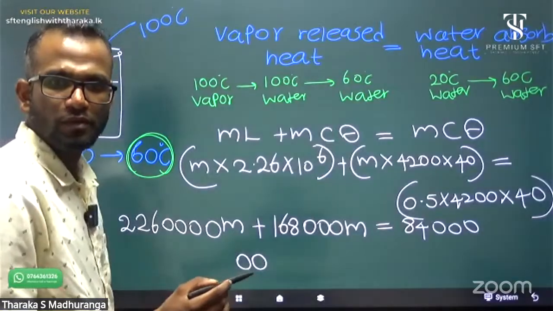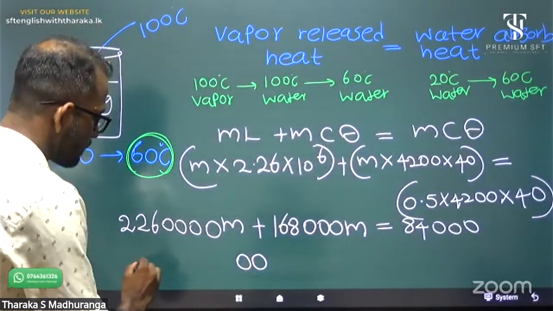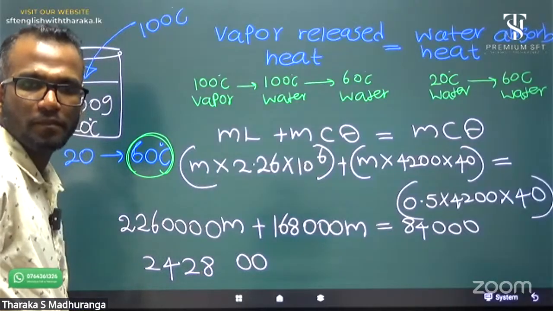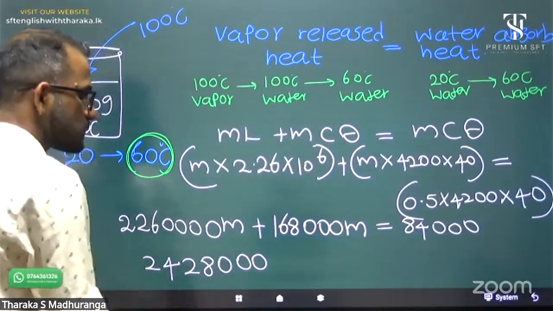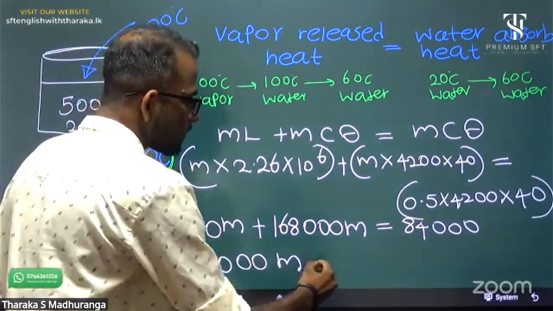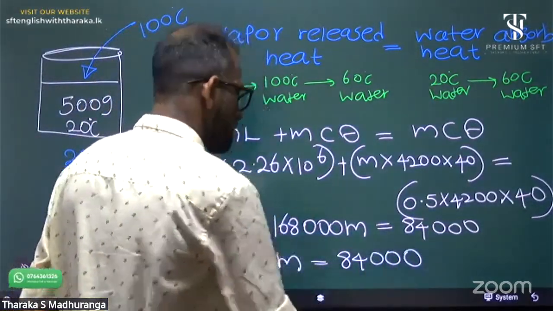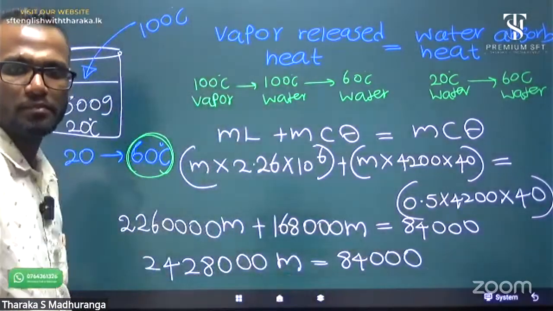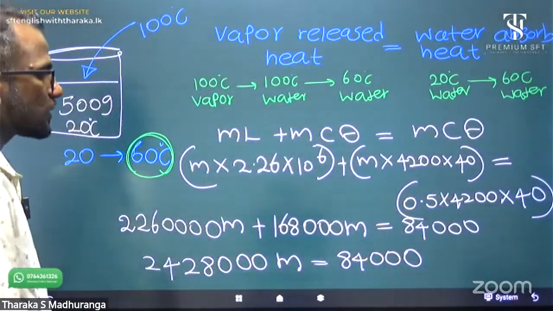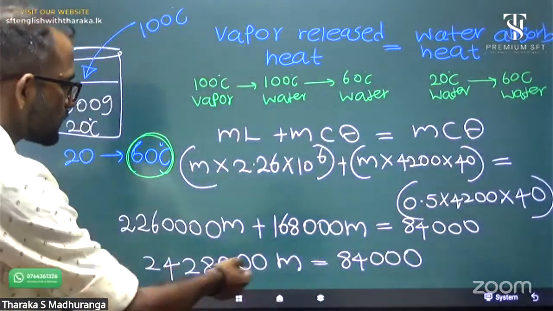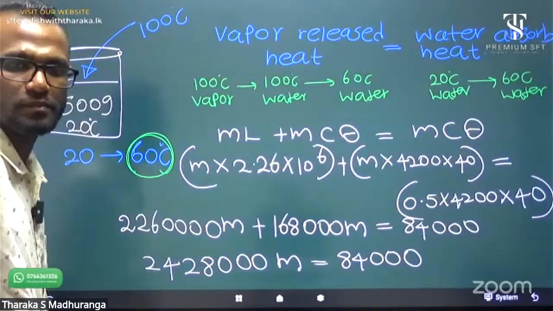What's the value? m equals 84,000. Then you can isolate m. m equals 84,000 divided by this long value.